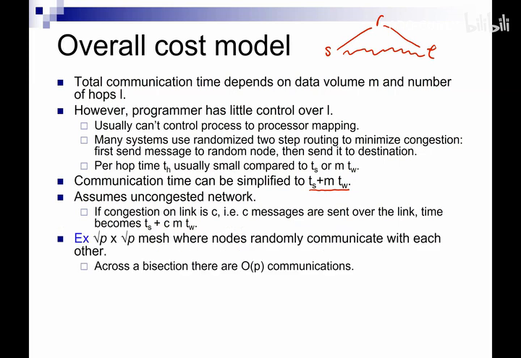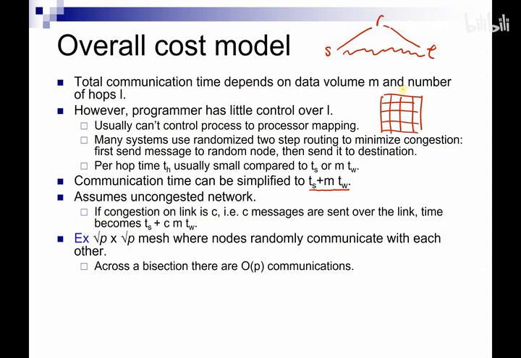As an example of this, suppose you have a mesh with P processors, so the size of the mesh is going to be root P by root P. And suppose all of the processors are randomly communicating with each other. So here we have a mesh of processors, doing random communication with each other.